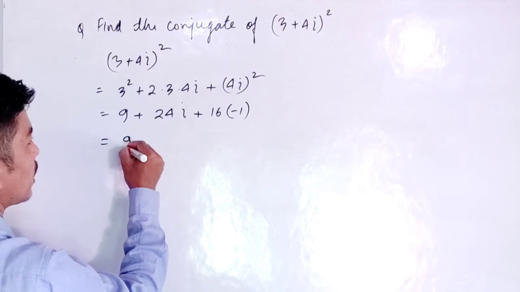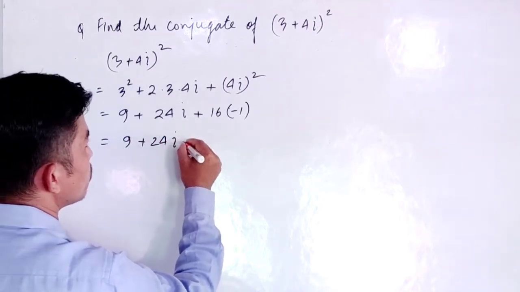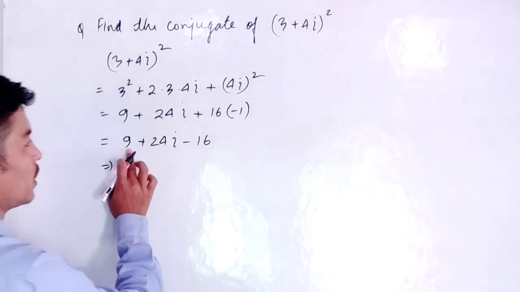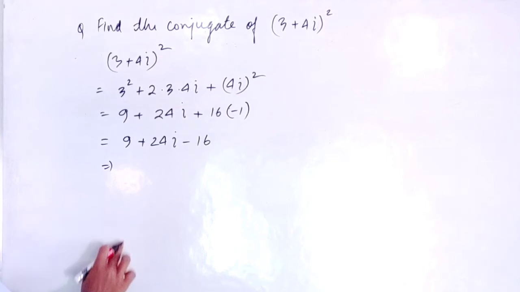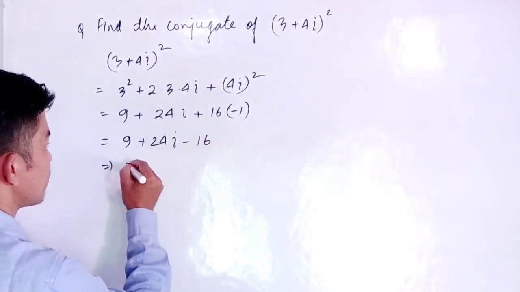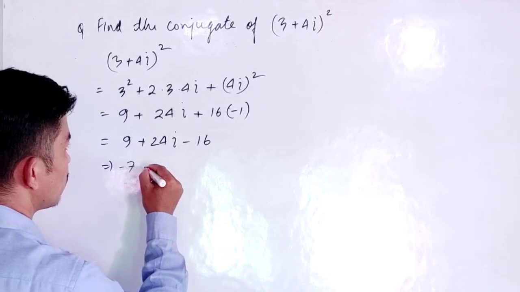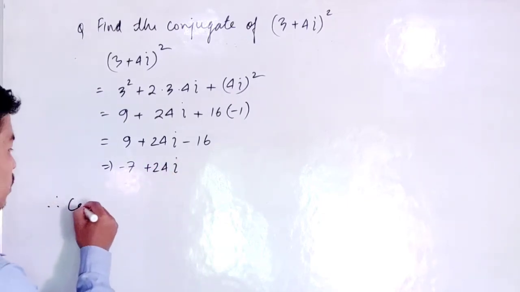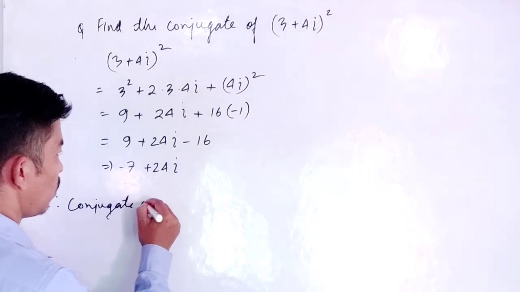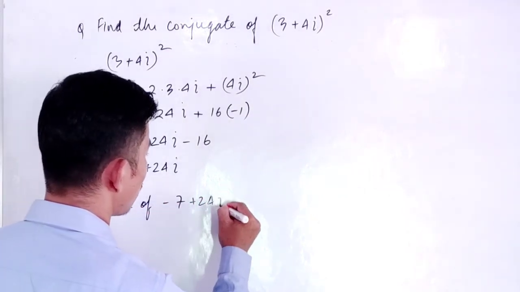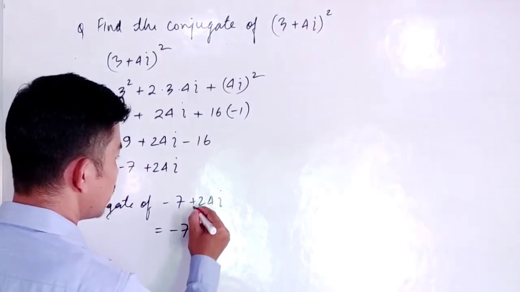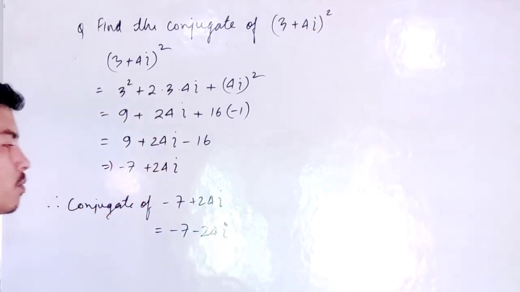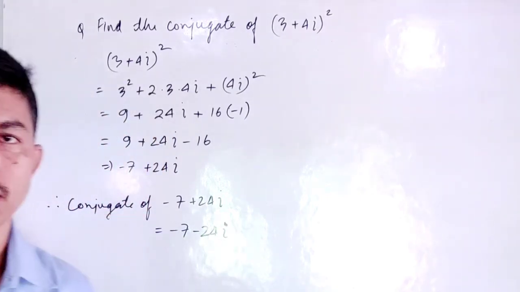So this gives me 9 plus 24i minus 16, and subtracting 16 from 9, it will be minus 7 plus 24i. Now to get its conjugate, the conjugate of minus 7 plus 24i will simply be minus 7, just changing the sign of the imaginary part, minus 24i. That is how we solve the given questions.